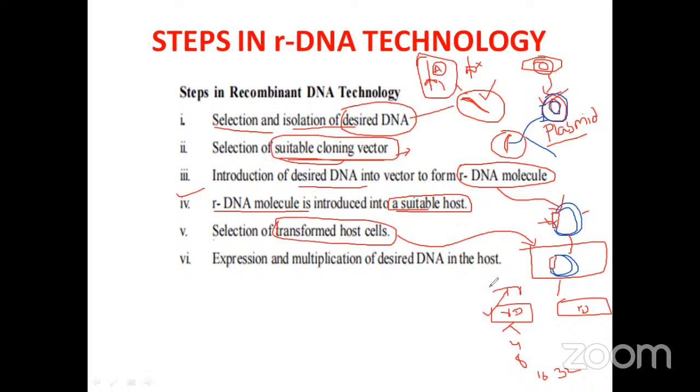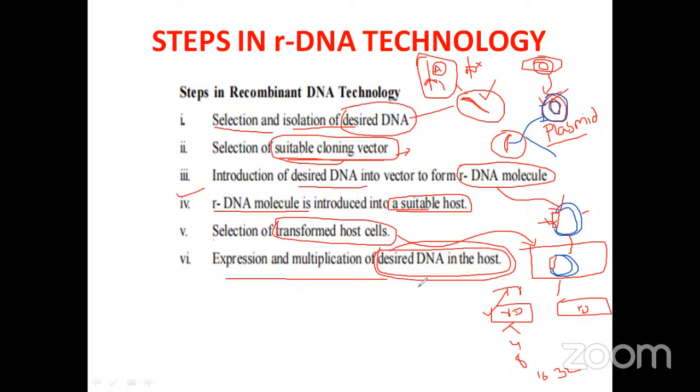Next, expression and multiplication of the desired DNA in the host. Later, when we introduce it into the host cell, the desired character that we isolated expresses in the next generation plant.